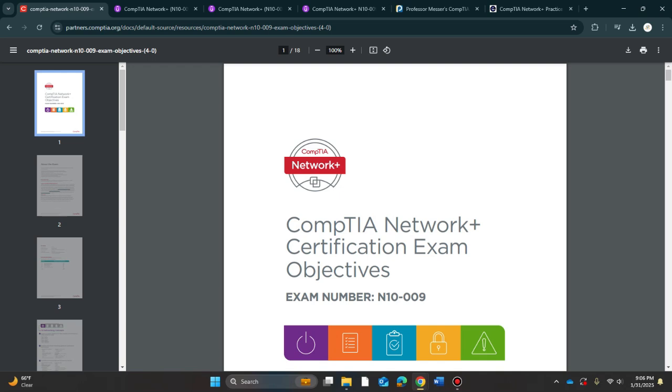The main difference between N10-009 and N10-008 is there are a lot more performance-based questions on this exam. I don't know how CompTIA grades the exam, but if you have six performance-based questions, try to get at least four of those, because I assume they weigh more than some of the multiple choice. I'm not sure, but I assume so.